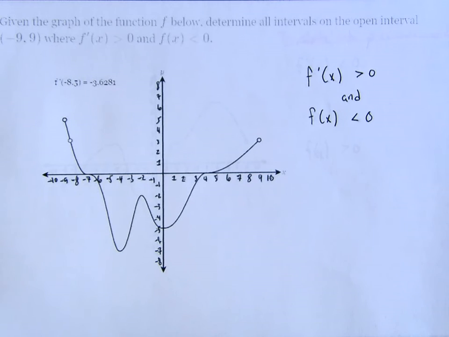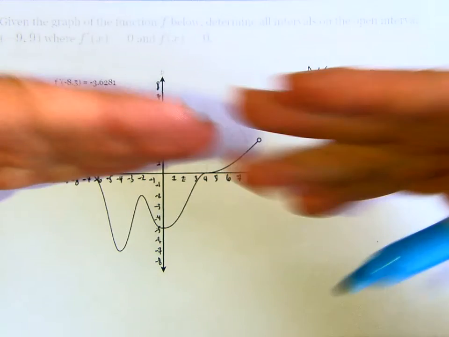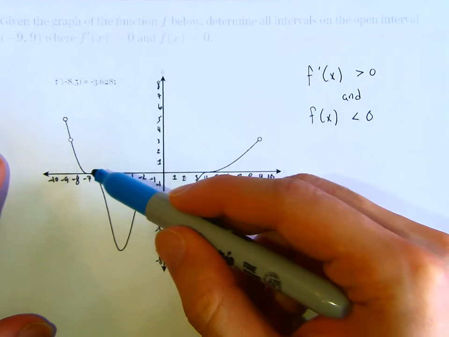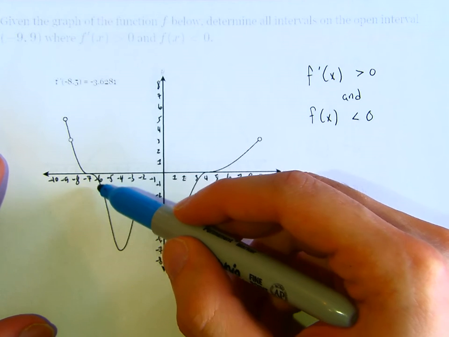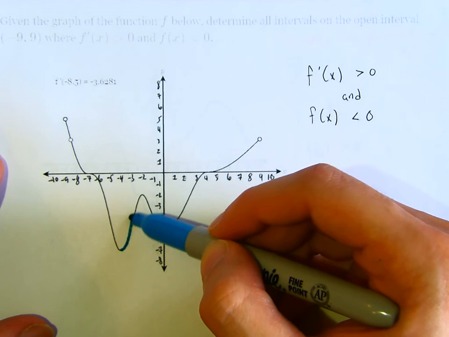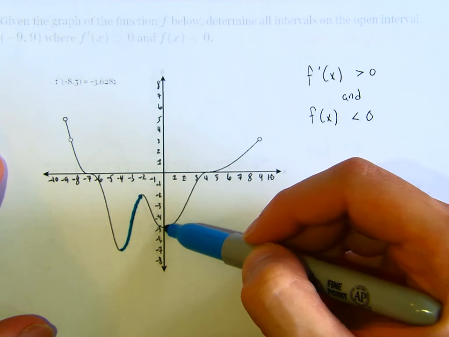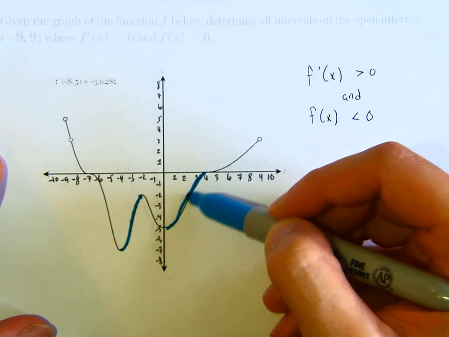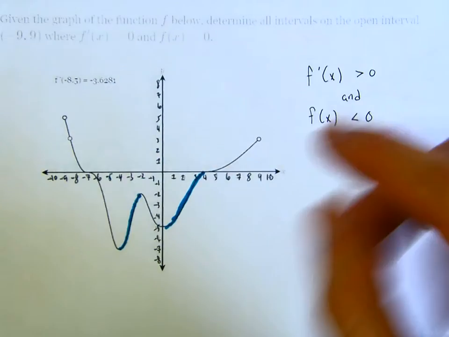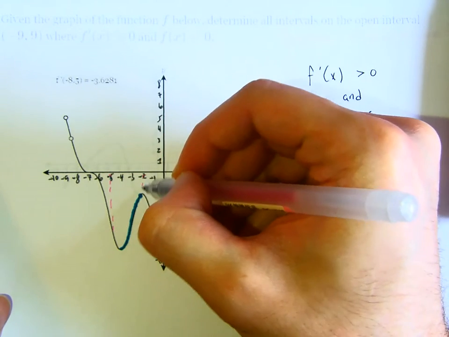Okay. Let's see. So when is the graph below the x-axis? It's everything here. And when are the tangent lines positive? Well, if we look here, the tangent lines are negative, negative, negative, negative, negative, negative, 0. Then from here to here, it's positive, 0, negative, 0, positive here. Okay, and that's it. So notice, what are the x values that it's coordinating with? It's everything between -5 and -2.